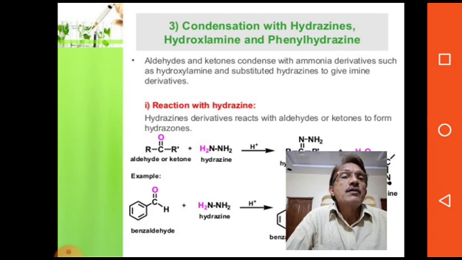So these are the derivatives of ammonia: hydrazine, hydroxylamine and phenylhydrazine. Aldehydes and ketones condense with ammonia derivatives such as hydroxylamine and substituted hydrazines to give imine derivatives.